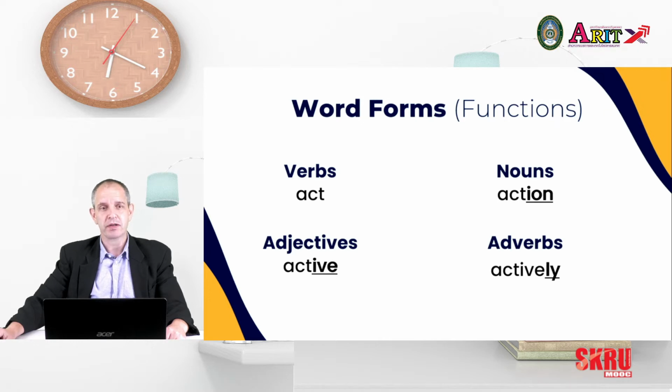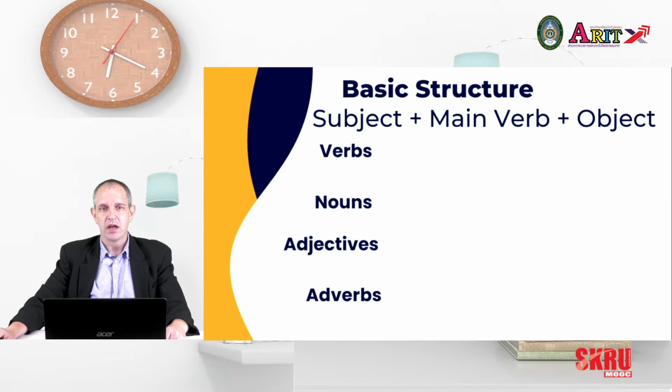So there are many words that have several different forms, and knowing how to create the different forms and where they are in a sentence can really help you improve your grammar and improve how you sound when you speak to native English speakers.